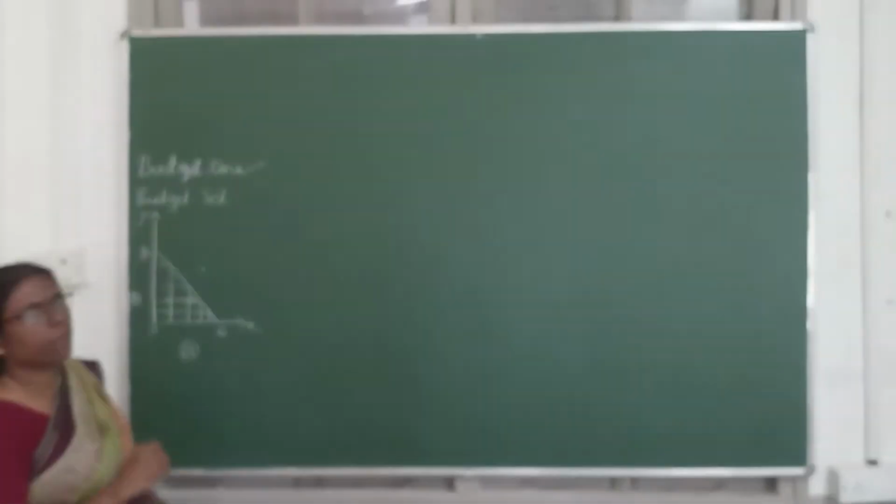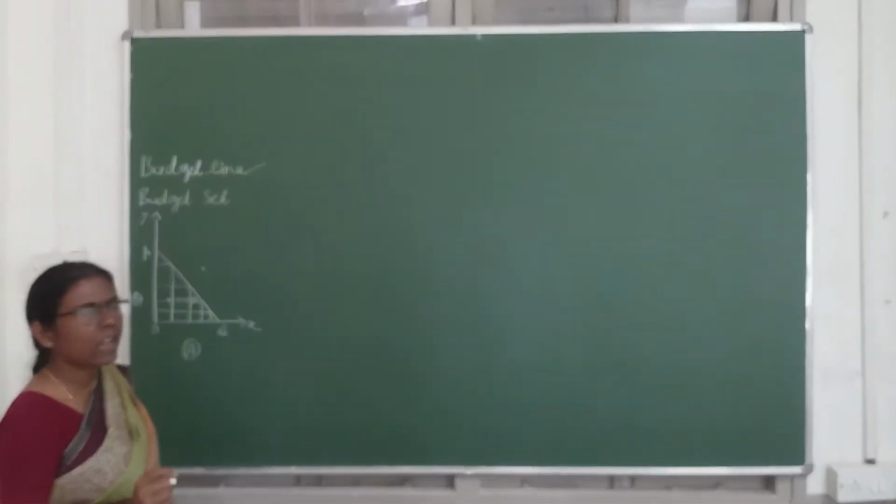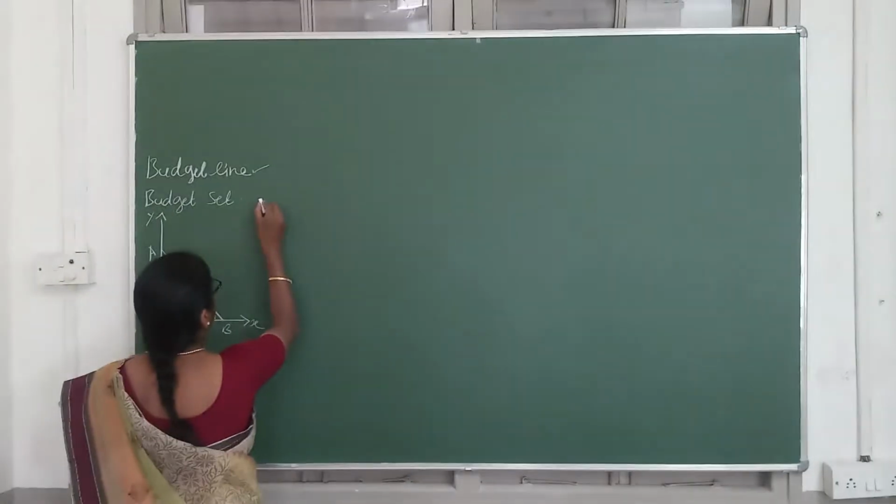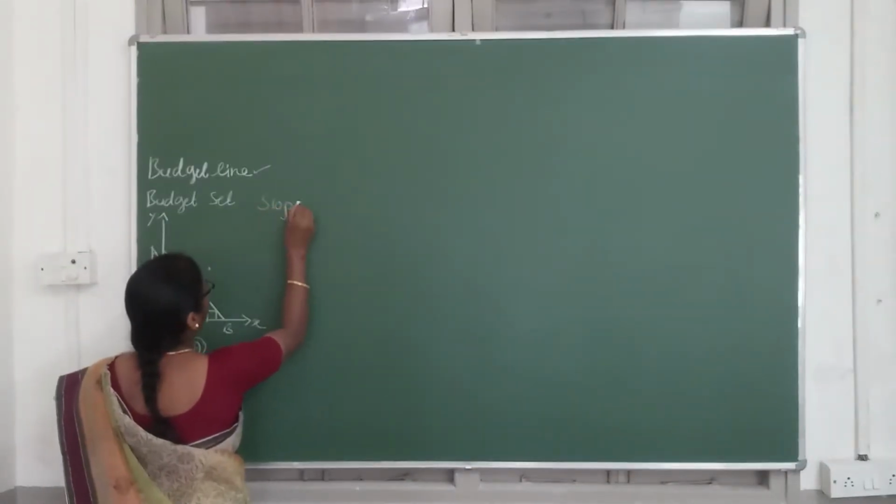So this is about the budget set. And what we discussed in the last session was the slope of the budget line, how it is calculated.